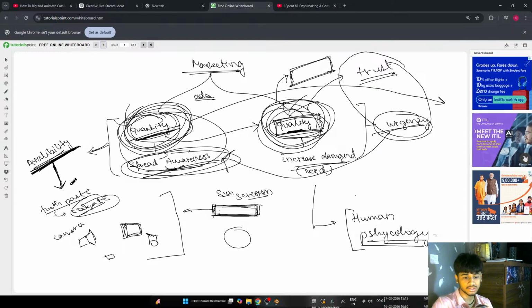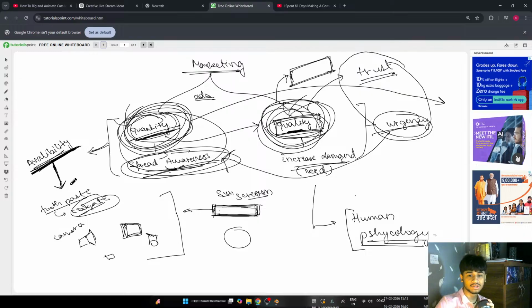With human psychology, it's not just intentional, but sometimes branding automatically creates it, as if it is just human psychology, because trust plays a major factor in that. And if there is trust, then there is no need to play with the human psychology of the people, because that's all a customer wants from the brand, right?